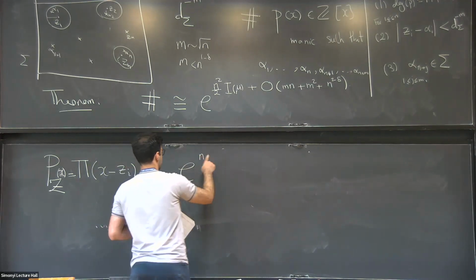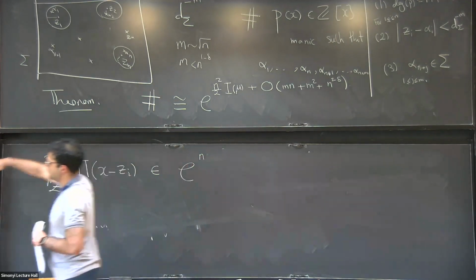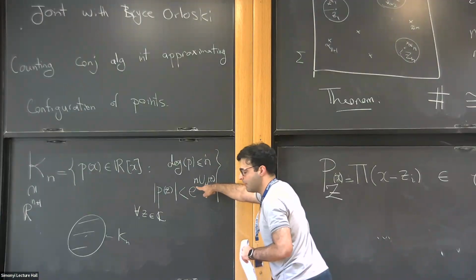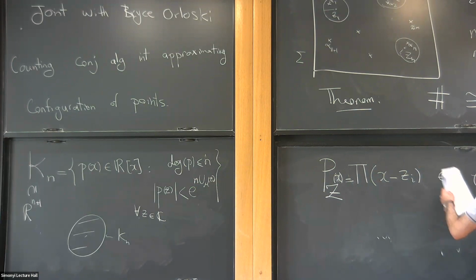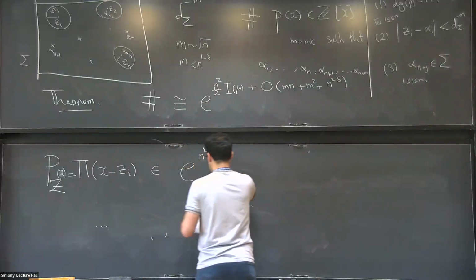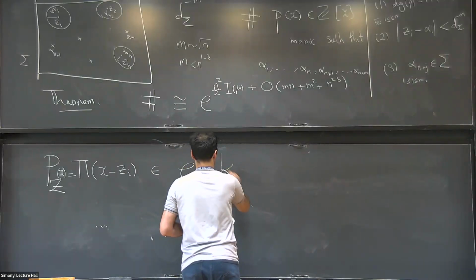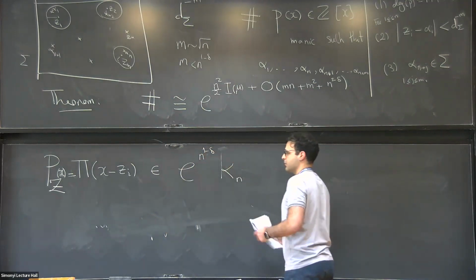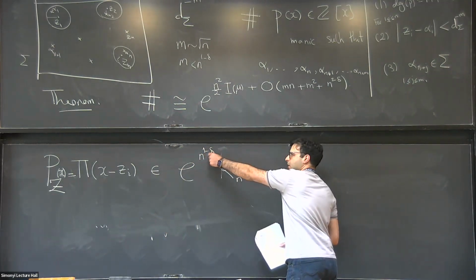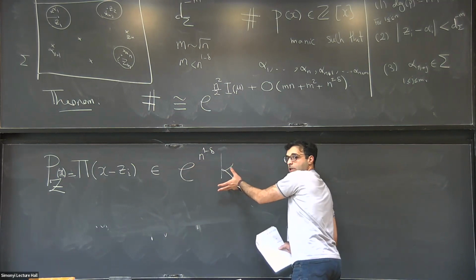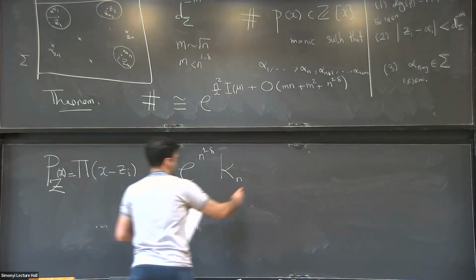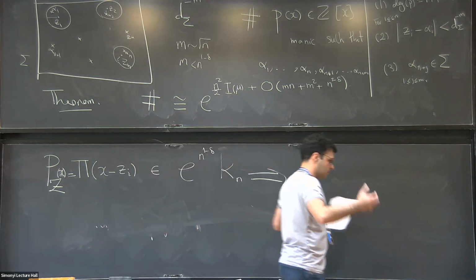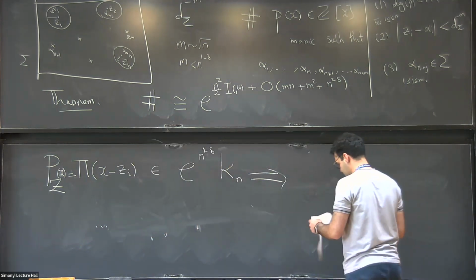So we prove that this belongs to e to the something, and the key is that we only need a sub-exponential exponent; any sub-exponential exponent would be fine. For some sub-exponential exponent, it belongs to K_n if you fatten K. Using this, we can prove that there are points inside K_n and the volume is large.